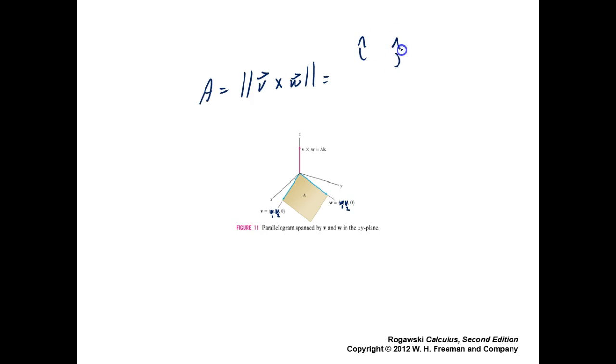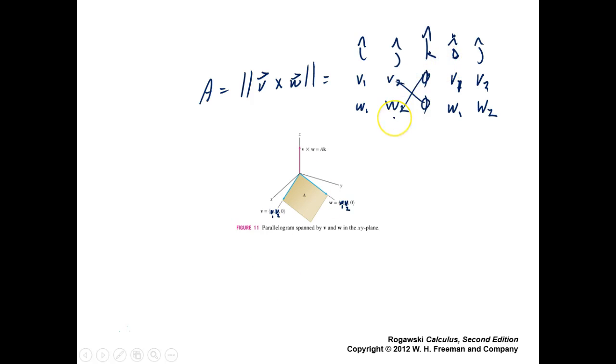I, J, K, and this would be V1, V2, 0, W1, W2, 0. And you do this, the I component is 0 minus 0.